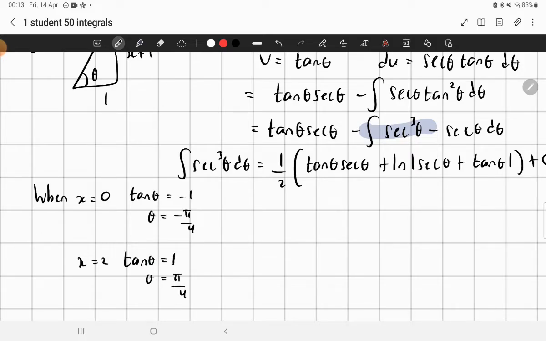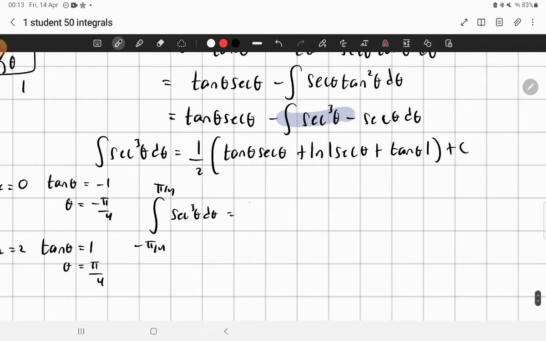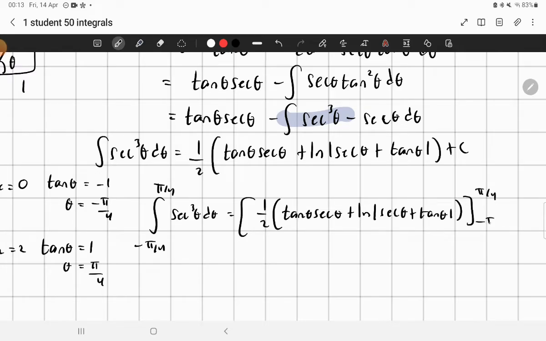So basically you will have -pi/4 until pi/4, which is equivalent to 1/2 tangent theta secant theta plus ln secant theta plus tangent theta, evaluated from -pi/4 to pi/4.